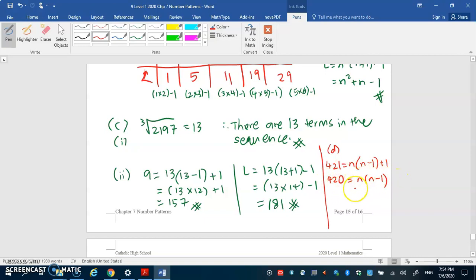So what are the two numbers? A simple observation will tell you that n equals 21. Because 21 times 21 minus 1, which is 20. 21 times 20 will give you 420, right? So if they ask for n cubed, they're asking for 21 cubed, which is 9261. And that's your answer for part D.